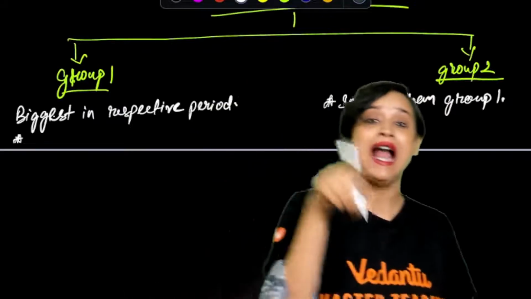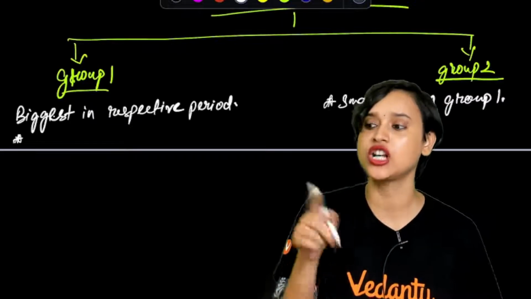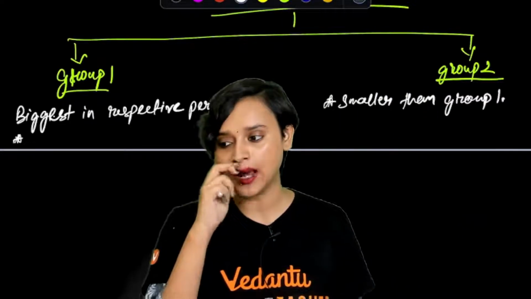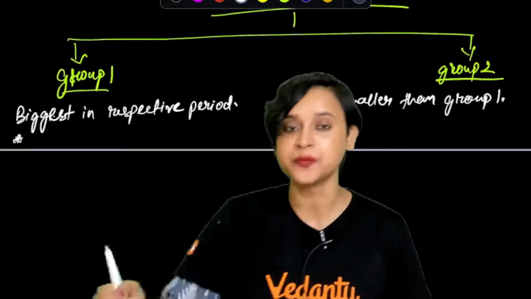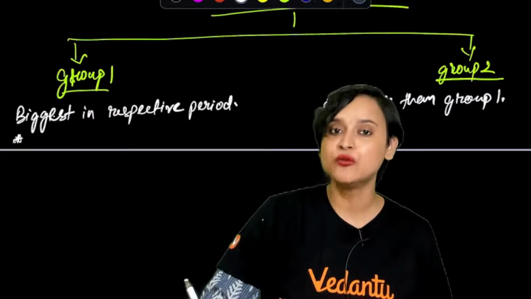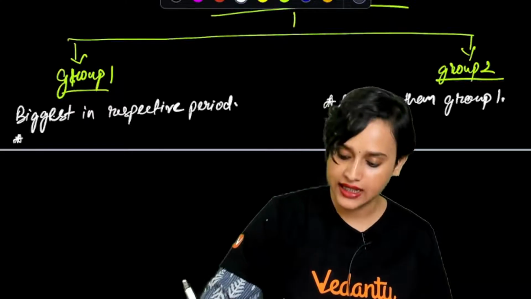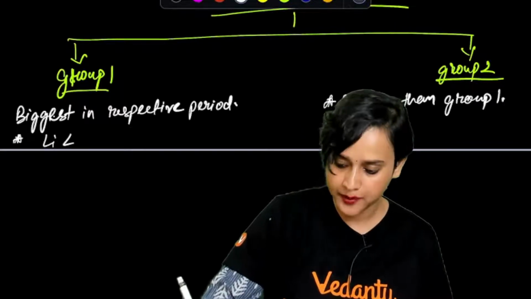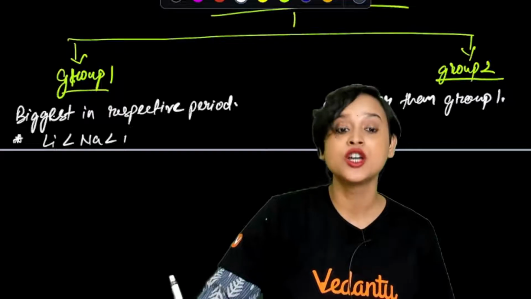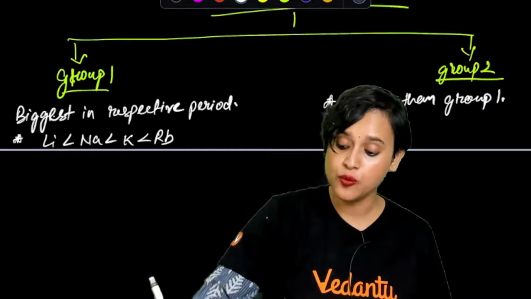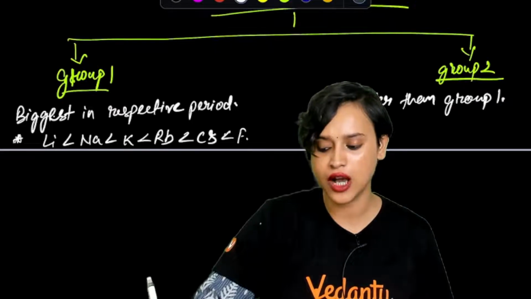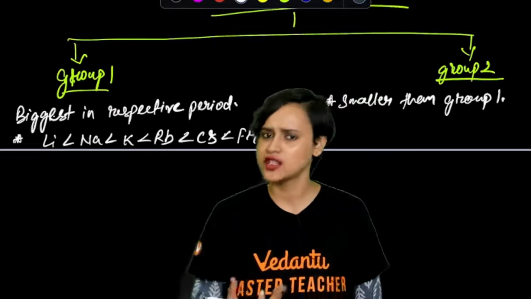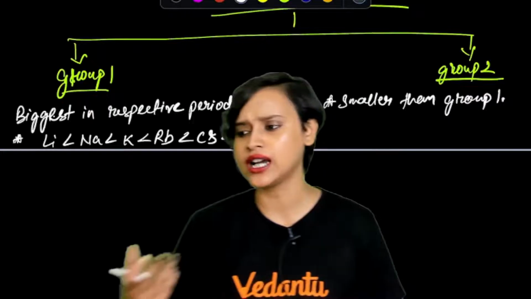Because you are continuously adding more and more number of shells. So lithium, sodium, potassium, rubidium, cesium, and obviously francium will also have the biggest size, but francium we don't talk about much because it's a radioactive element.